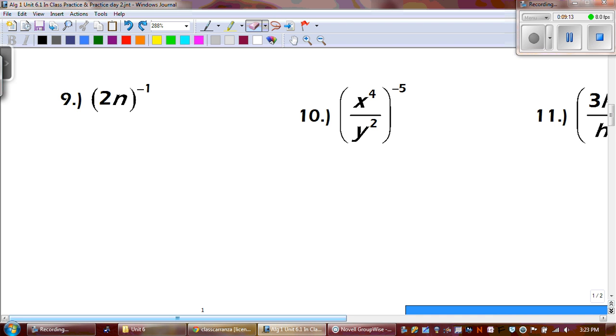All right, number 9. Remember, we've got a negative exponent, so we're going to have to distribute, but we want to distribute to everything inside. Okay? So once we distribute that, we have new exponents, negative 1 and negative 1.